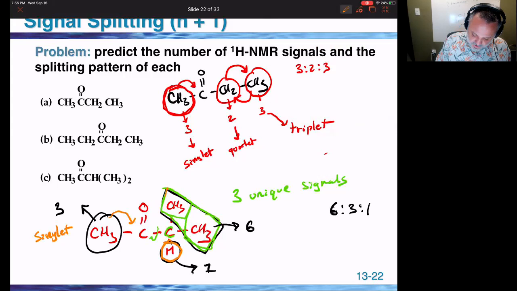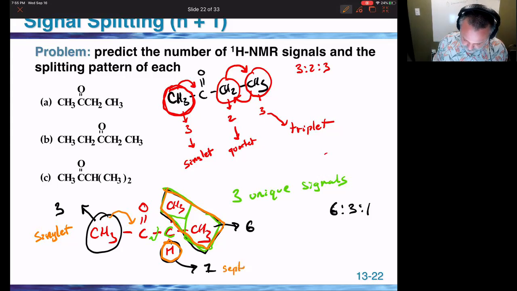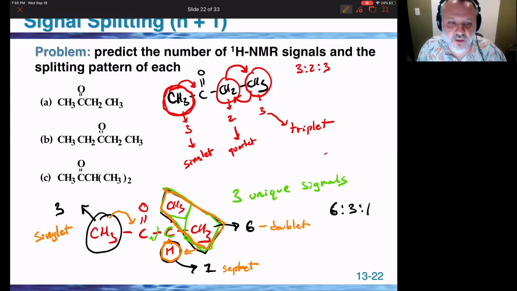Well, I'm going to count all 6 of these hydrogens because even though they're on 2 different carbons, remember they're equivalent carbons, so there's a total of 6 adjacent hydrogens. So this one would be a septet. What about this one? Well, there's only 1 hydrogen next to it, so it should be a doublet. Okay, so pause the video, do the one on B, and let's see if you get it right.